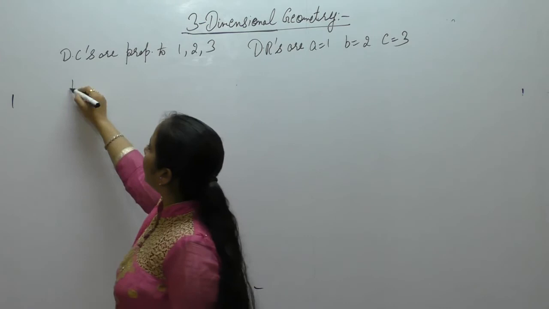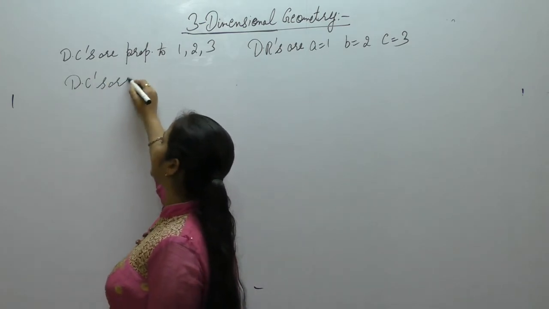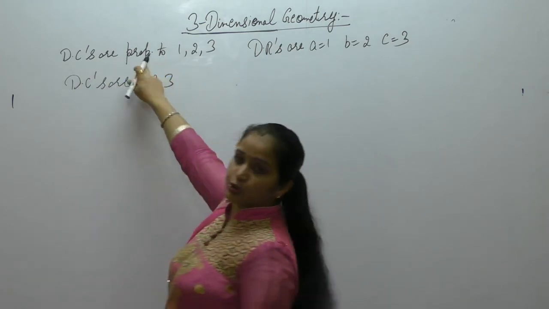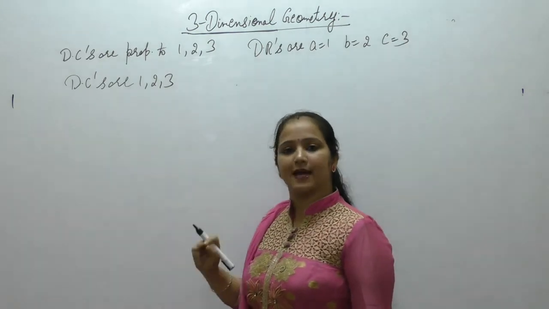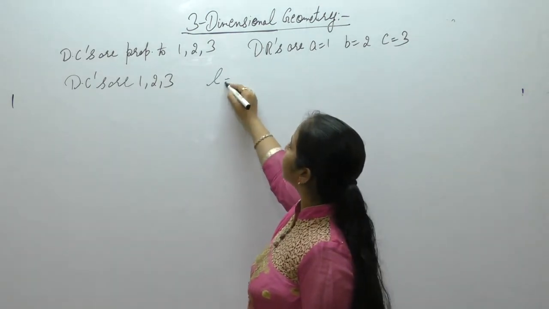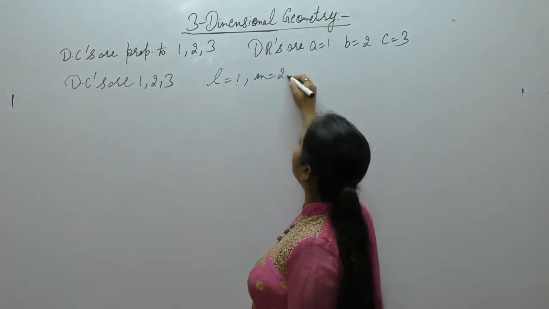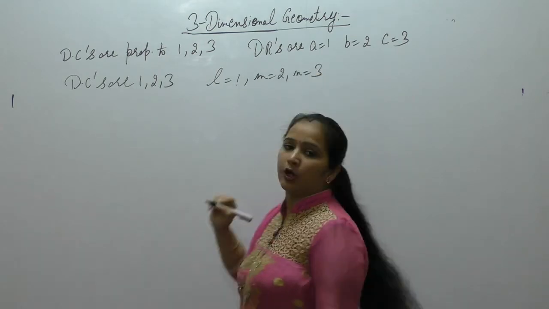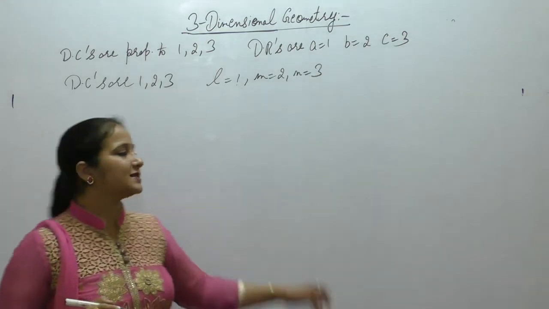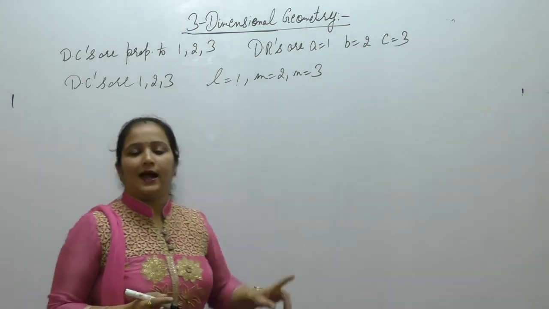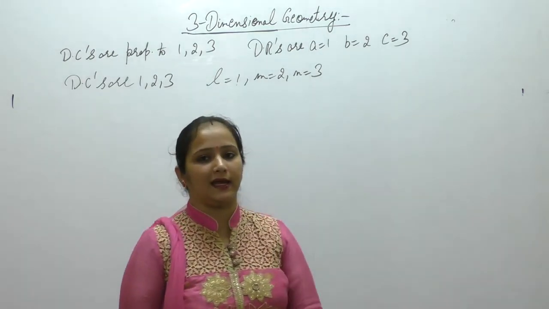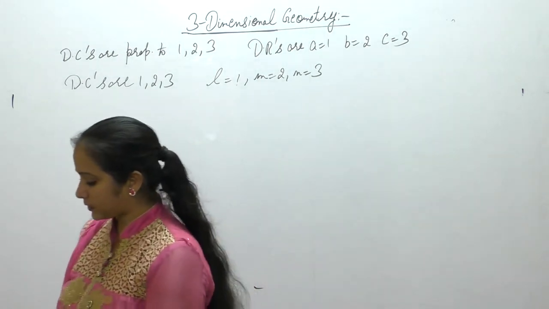Now if direction cosines are 1, 2, 3, not proportional to, then these are the values of l, m and n. We denote the direction cosines by l, m and n and direction ratios by a, b and c.